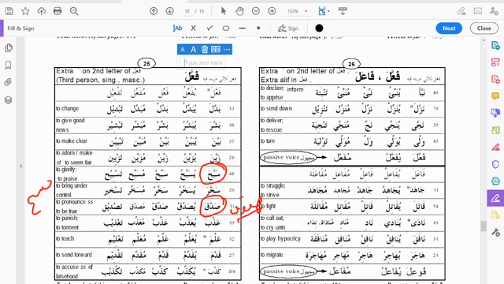Yusaddiqu, believing. Wait a minute, I thought you said saddaqa means honest, or saddaqa means to trust or trusted. Yusaddiqu means trusting or believed, or believing.